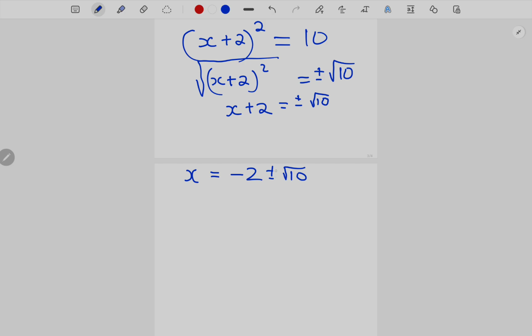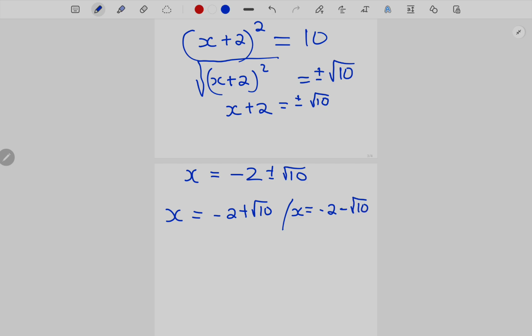Then there are two x values. As you can see, it's a plus or minus root 10. So x is equal to minus 2 plus root 10, or x is equal to minus 2 minus root 10.